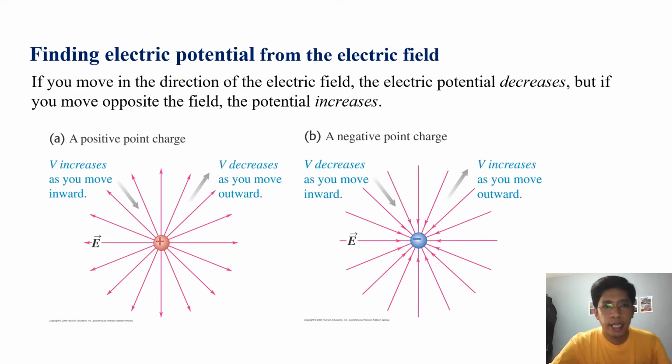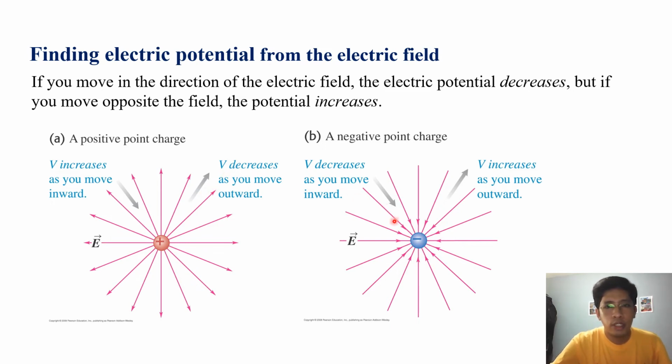This is again finding the electric potential from the electric field. If, say, for example, you have a positive charge, then a negative charge. If you move in the direction of the electric field, the electric potential decreases, but if you move opposite the field, the potential increases. As you can see here, for a positive charge, wherein the electric field lines are radially outward, your potential V increases as you move inward and decreases as you move outward.